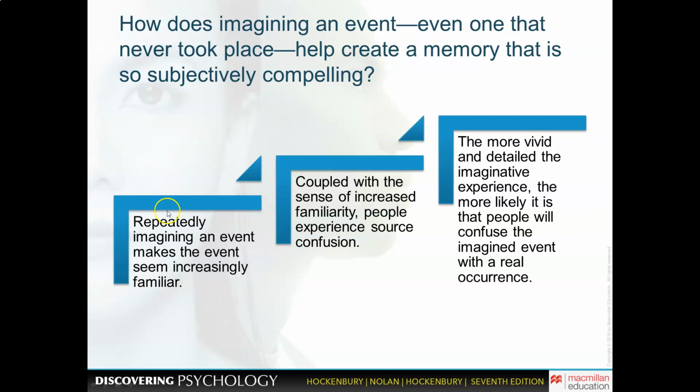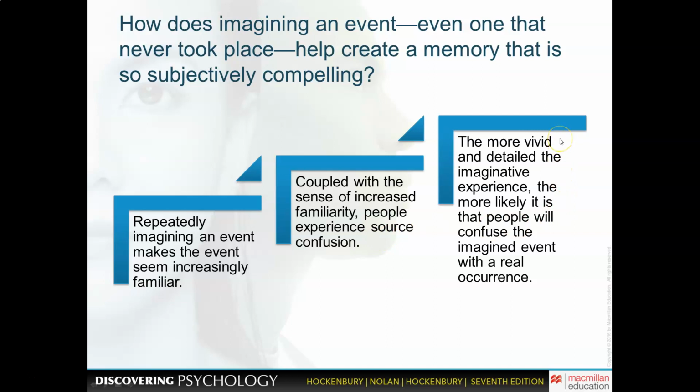So I put a little chart right here that repeatedly imagining an event makes an event seem increasingly familiar. Then the next step is, coupled with a sense of increased familiarity, people experience source confusion.